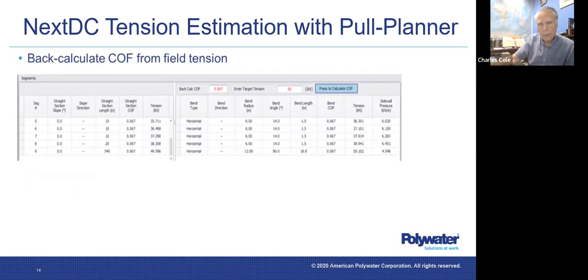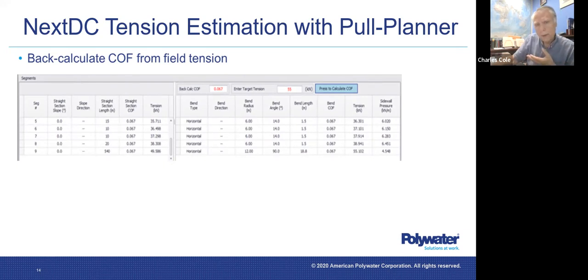One of the operations that the pull planner software allows you to do is, in order to be able to determine coefficients of friction of the materials that you're using, it allows you to back calculate the coefficient of friction. So you enter all of the data in terms of the configuration of the duct itself and the weight of the cable and the different materials of both jacket and duct material, as well as the lubricant and the coefficients of friction brought by using, again, this was a J lubricant.